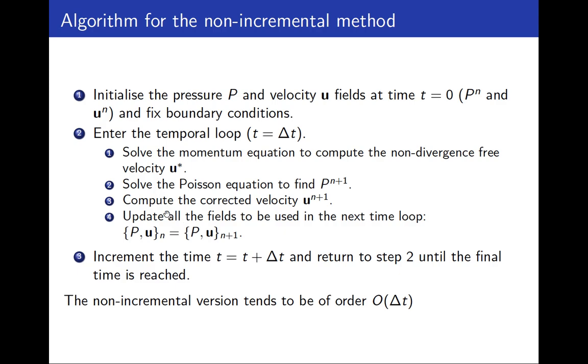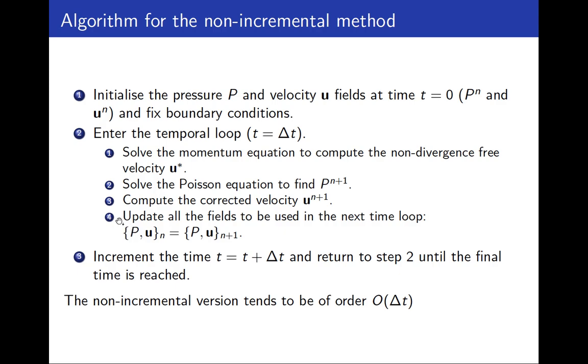And now you update all the fields to be used in the next time loop. The velocity and pressure values that you obtain in this loop will now be used in the next time step. That means the solutions we obtain for velocity and pressure will now be the old-time state of the new temporal loop.